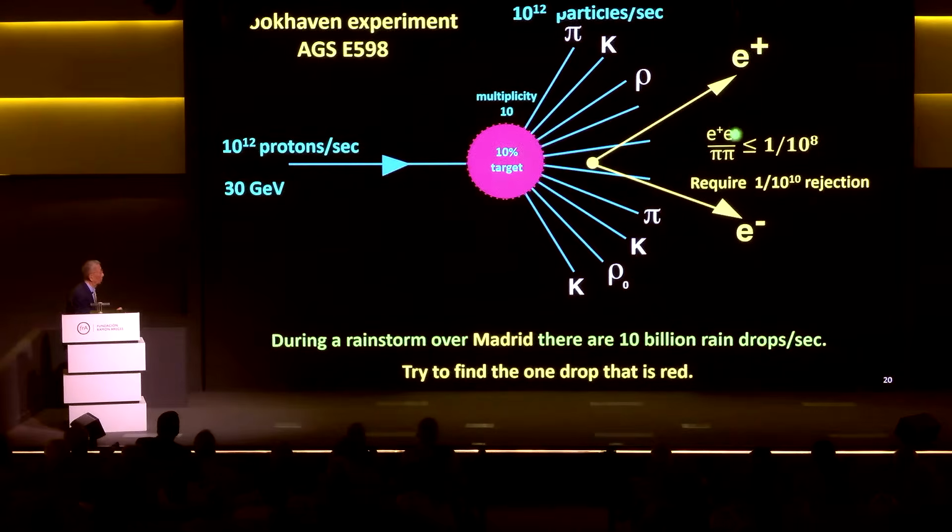The ratio is 1 part in 10 to the 8. Therefore, if you want to do a 1% experiment, you need a rejection of 1 in 10 billion. 1 in 10 billion is like during the raining season in Madrid, there are 10 billion raindrops per second. If one of them is red, you have to find that one.